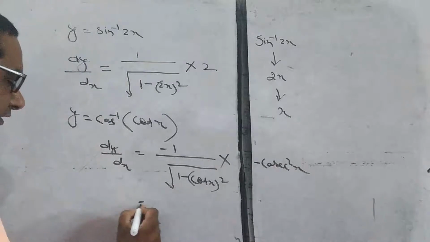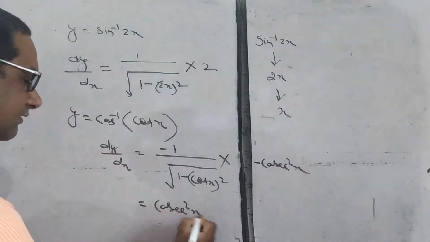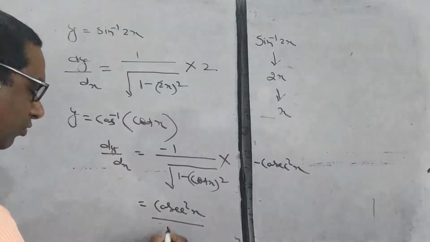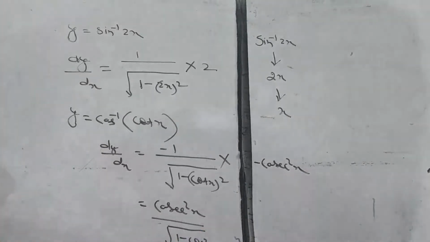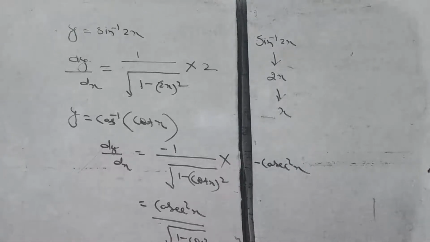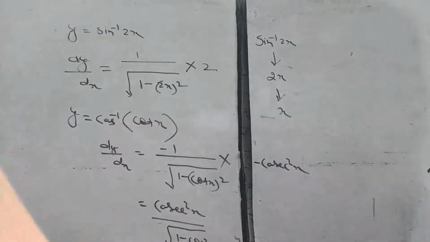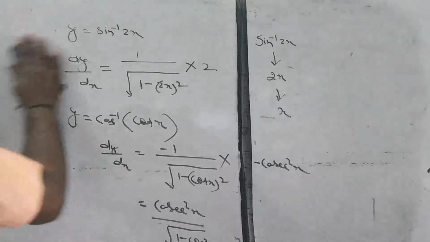So the final answer is cosec square x upon under root 1 minus cot square x. If you know function of a function, the chain rule of differentiation, then you will be able to understand this one.